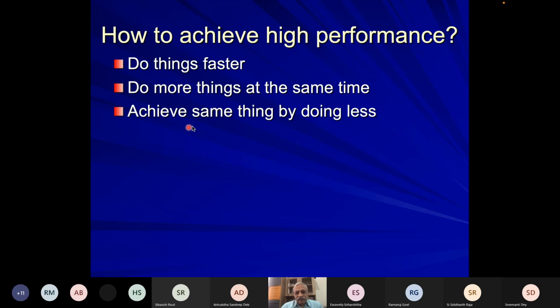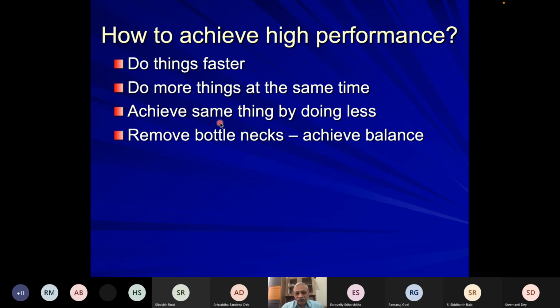Or we can achieve the same computation by doing less. That also makes things better. Or we remove bottlenecks. We achieve balance, because trying to speed up something and not doing that speed up in another part doesn't really help. So we need to remove bottlenecks and achieve a balance.